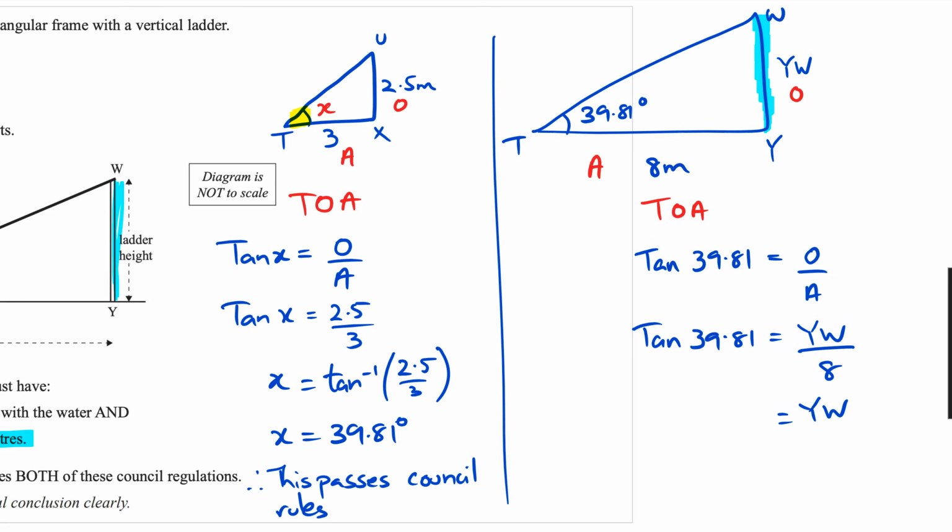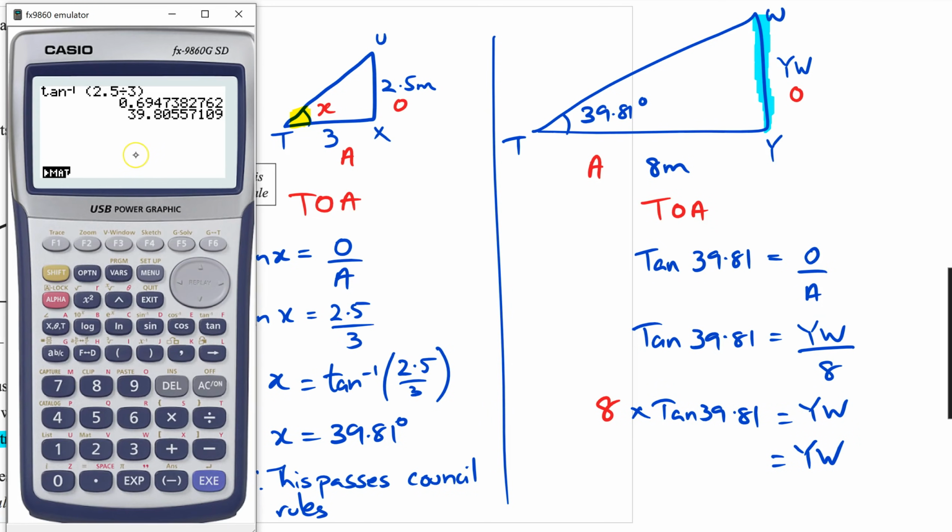Cross multiplying it, we're going to get 8 times tan 39.81, and we're going to get YW is equal to, so I've already got 39.805 there, so I'm just going to use that.